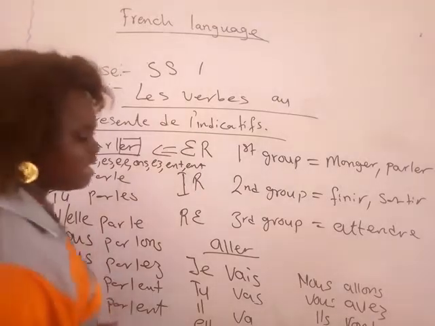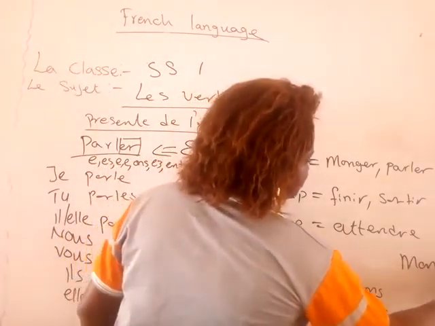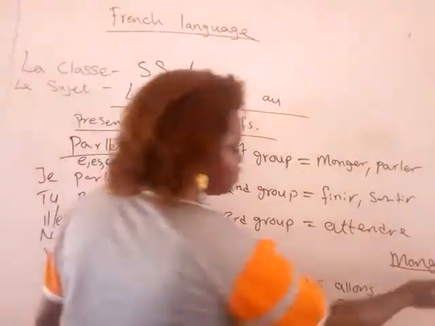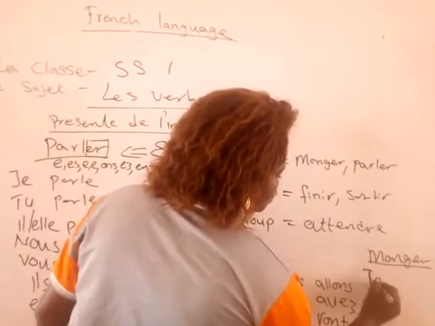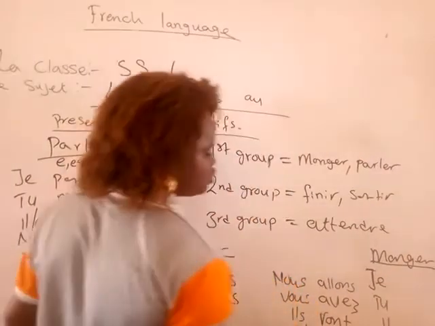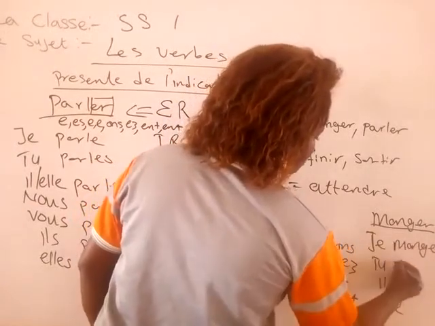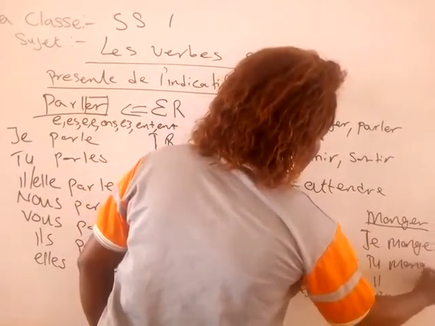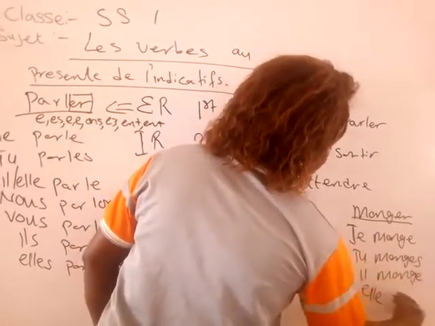We have another case of some verbs. Par exemple, manger. Manger also ends with ER. Je, tu, il, elle. Now, je mange, tu manges, il mange.